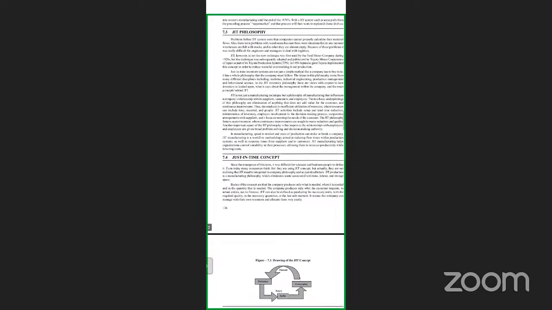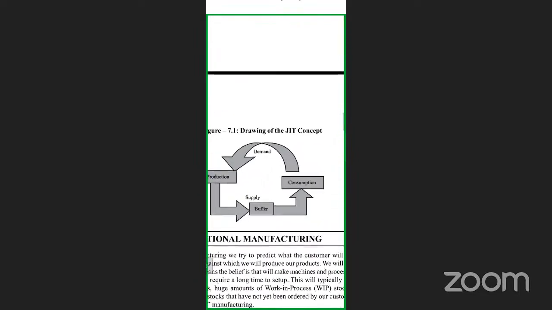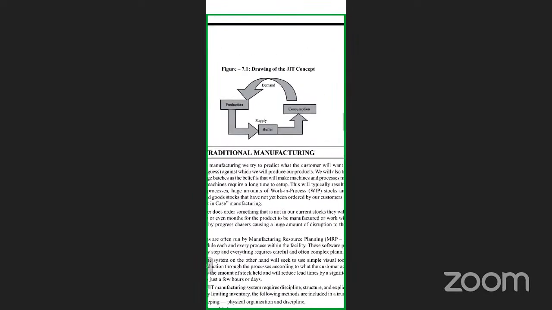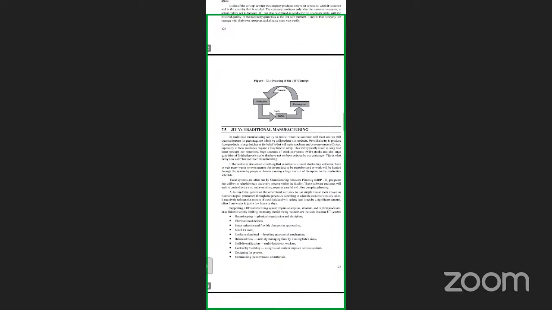So here we have the just-in-time concept, where you can look at your production, buffer, consumption, and demand. This is the drawing of the JIT concept and JIT versus traditional manufacturing.